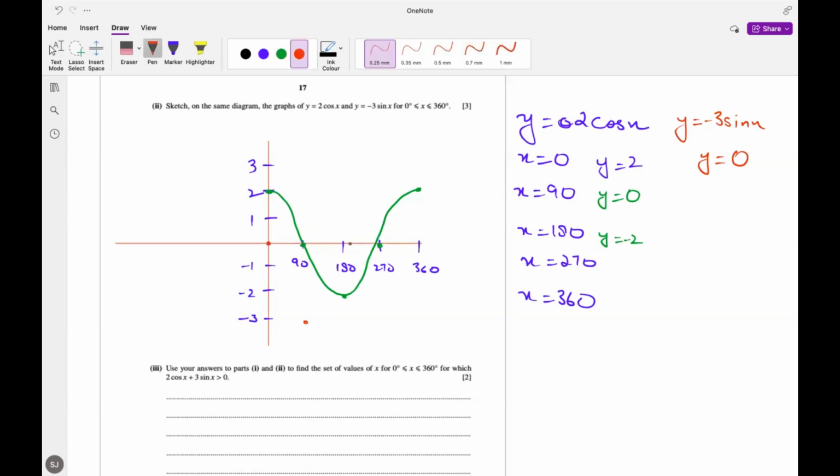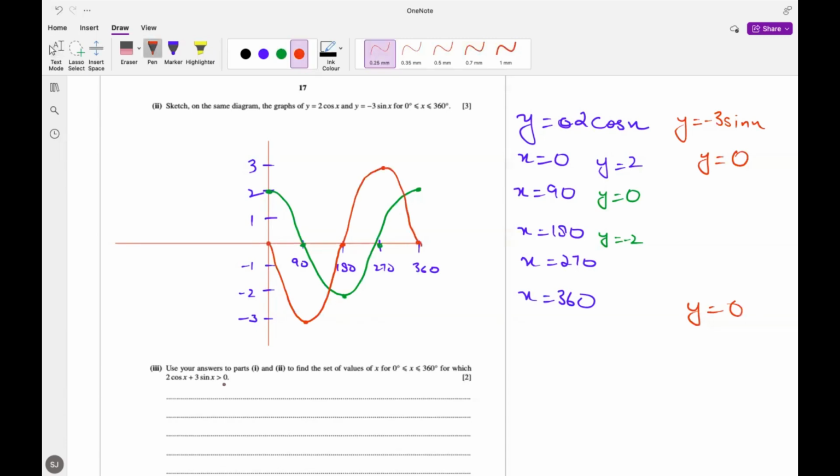So -3 times 0 will again be 0. Sine of 270 is -1. So -3 times -1 will be +3. And sine of 360 is 0. So the last value for y will be 0. Joining the points, we'll sketch the graph of y equals -3 sine x.